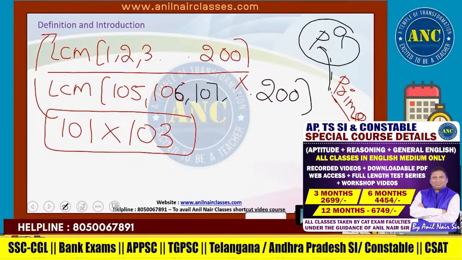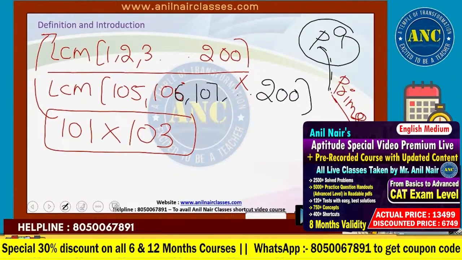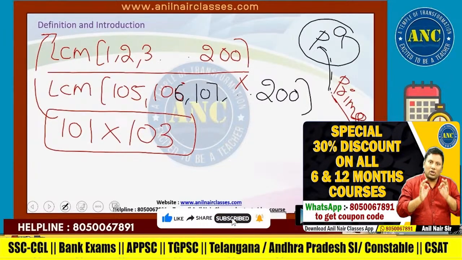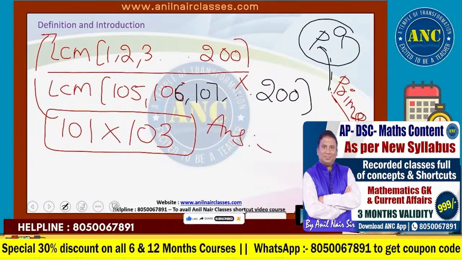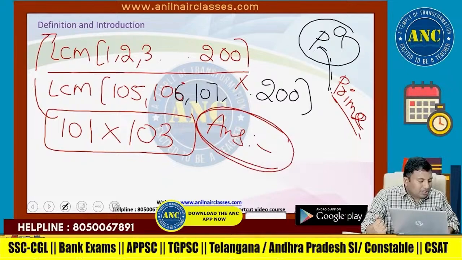Think why the answer is 101 into 103. It cannot be 1. The answer for this question is 101 into 103.